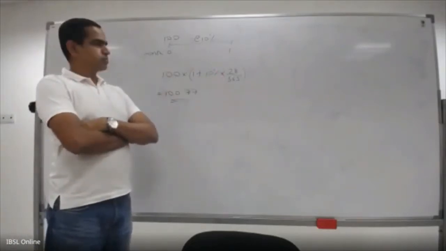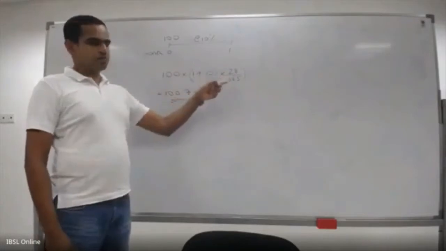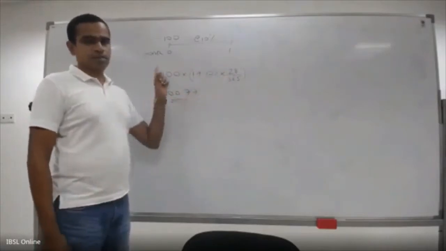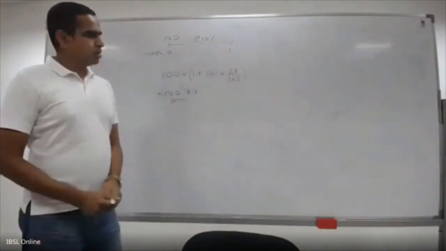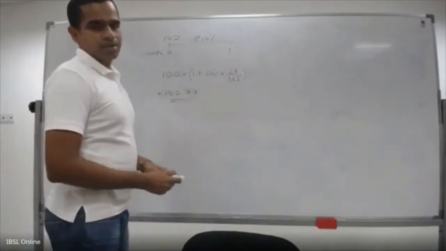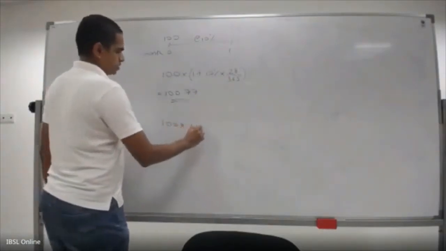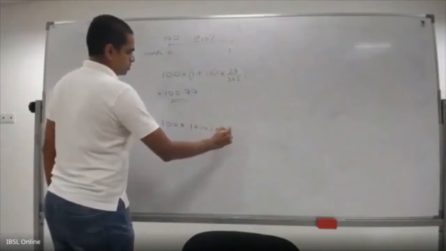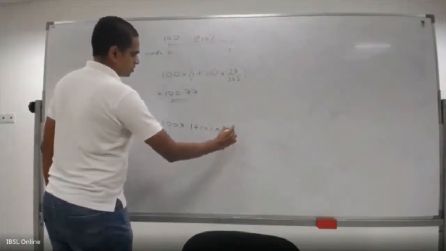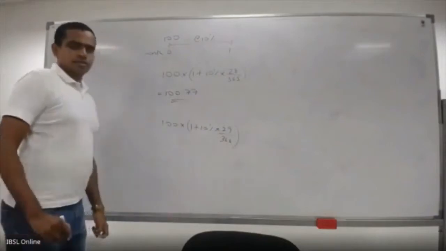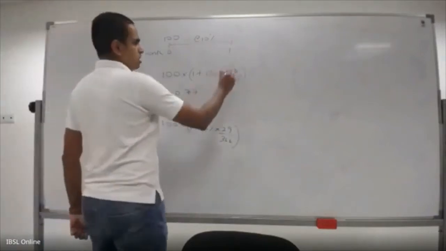If you take 28 days, you get a different answer; 31, you get another answer. Then what if this was a leap year like last year? Then it would be 100 into 1 plus 10% into 29 over 366. Different, right? So the numerator can change, the denominator can change.